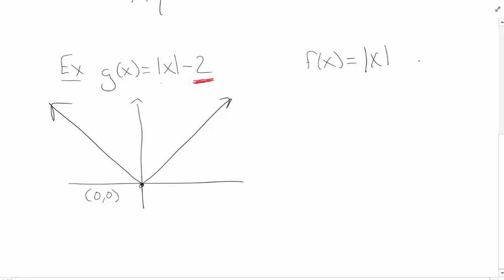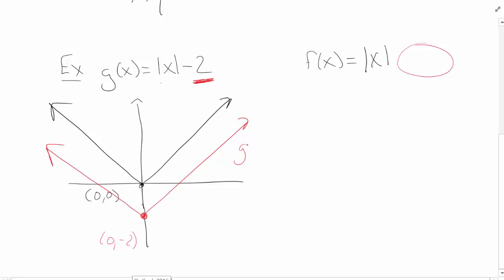It looks like it was outside the function out here, so I'm affecting my output or my y values, which means I'm going to go down by 2. So let me extend this axis a little bit, and if I go down by 2, instead of being at 0, 0, I'm now down here at 0, negative 2. Here's the graph of g of x is equal to the absolute value of x minus 2.